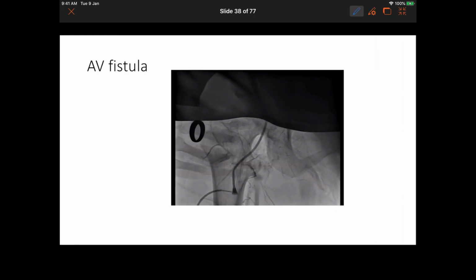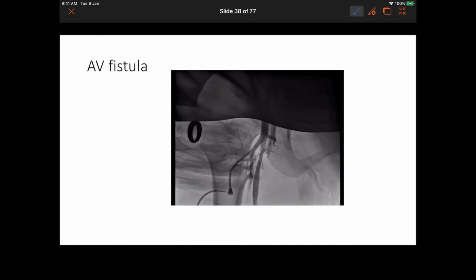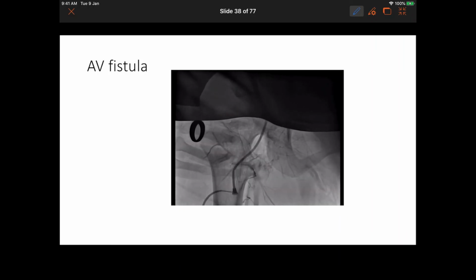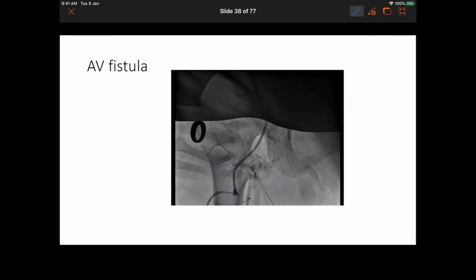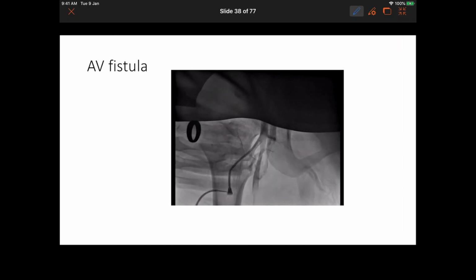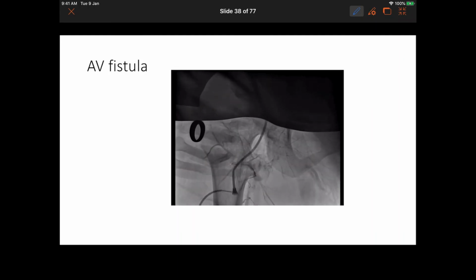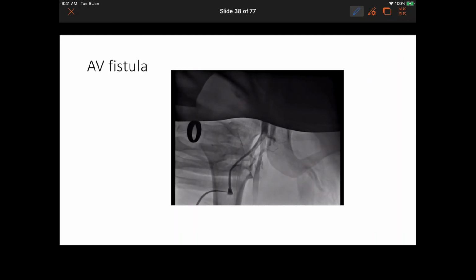Another thing is faulty puncture. Suppose somebody is trying to get arterial access and goes in with a needle and finds that he has hit a vein. The reflex is that most of the time people pull the needle back, and knowing that the artery is slightly lateral to the vein, they push further laterally.